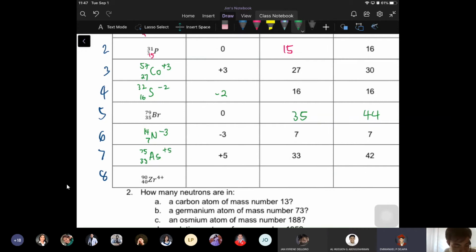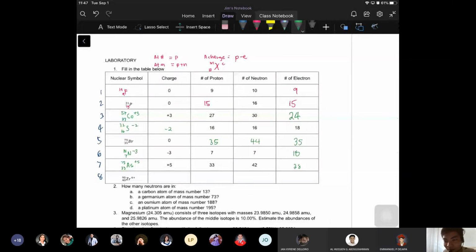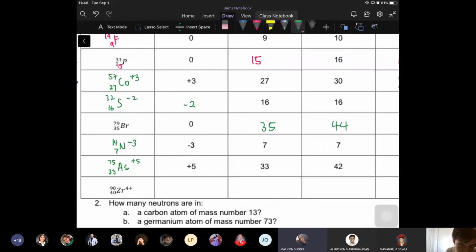Last number. It's like we're gambling here. Last number 8 na. The charge is positive 4.